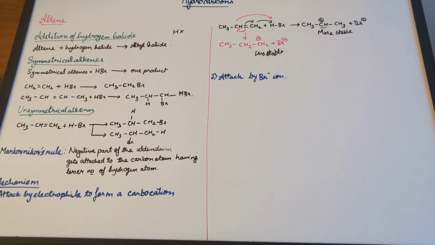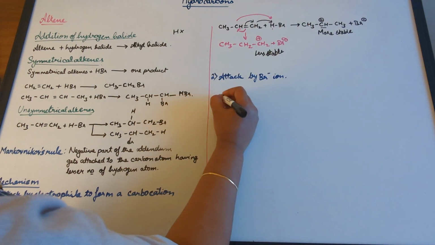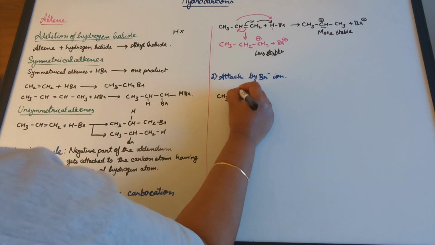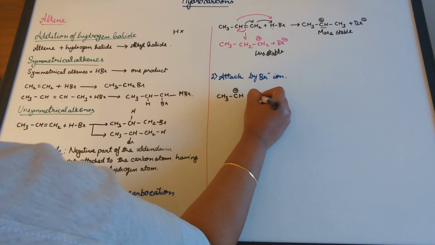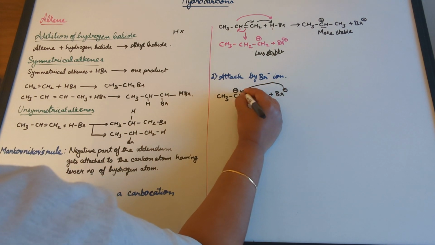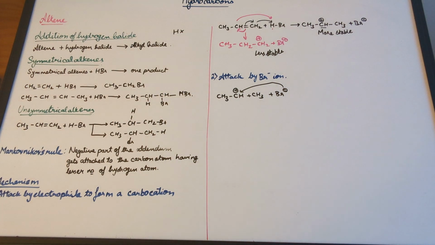So what happens in this case is, we are only going to consider the stable one. So the bromine is going to come and attack the carbocation. So Br minus ion will come in and attack. Always remember, the direction of the arrow shows the movement of the electron.